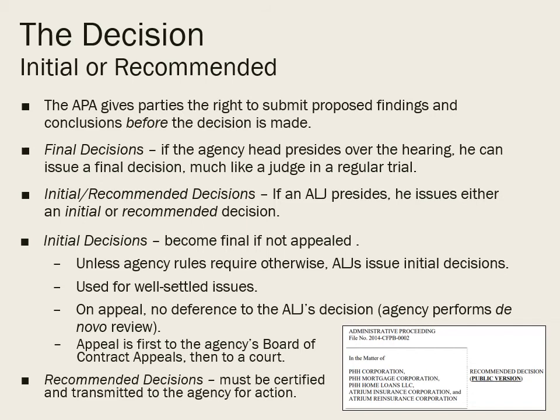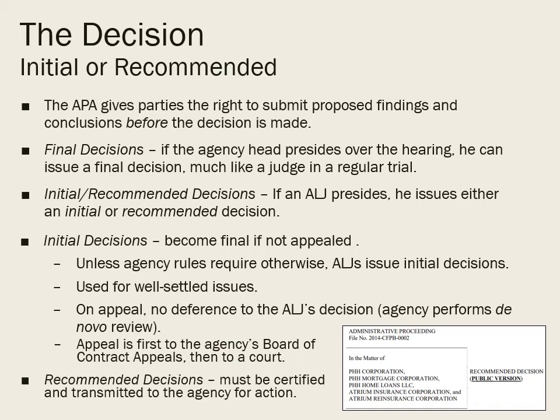After the hearing, there is a decision, obviously very important in both agency adjudications and Article III court trials. Unlike in an Article III court, the APA gives the parties the right to submit their own proposed decisions. These are usually called proposed findings of fact and conclusions of law.